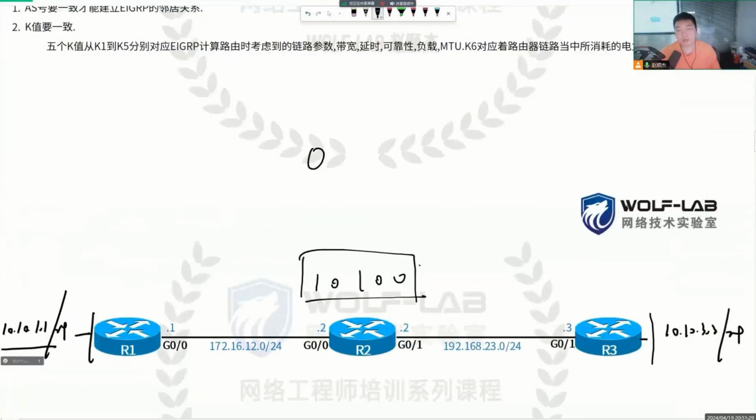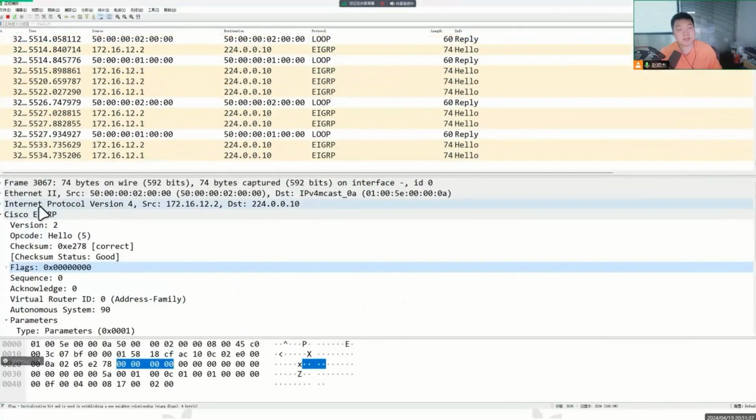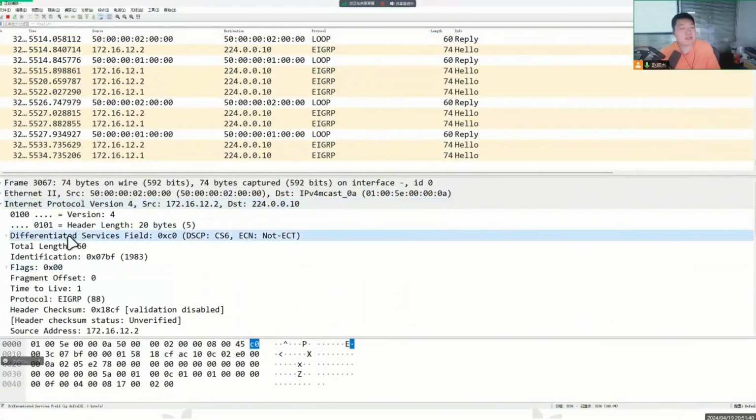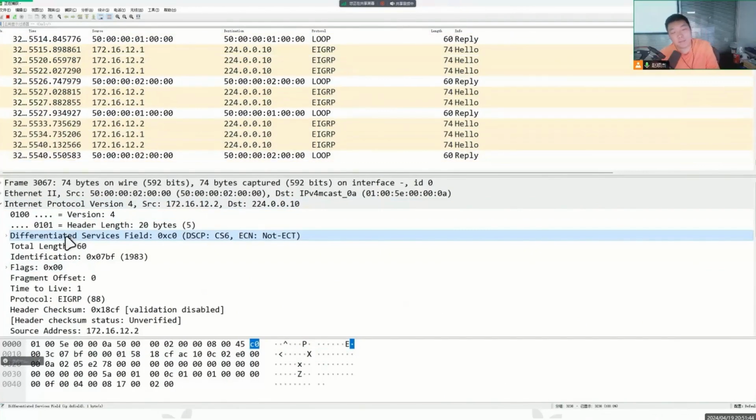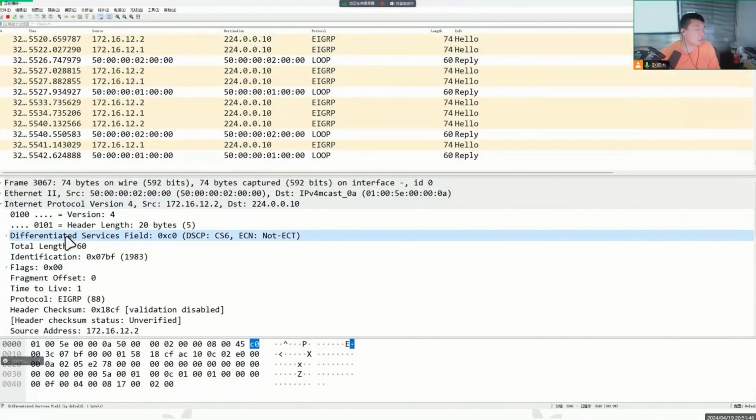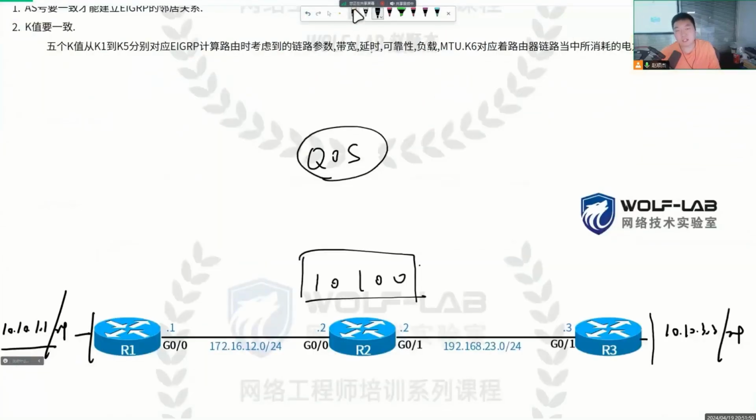So what does it record? It's the type of service, which we can use with QoS, quality of service. For different types of data traffic, we can change the priority of your data packets through the TOS field, to do things like speed limiting and guaranteeing bandwidth, students.